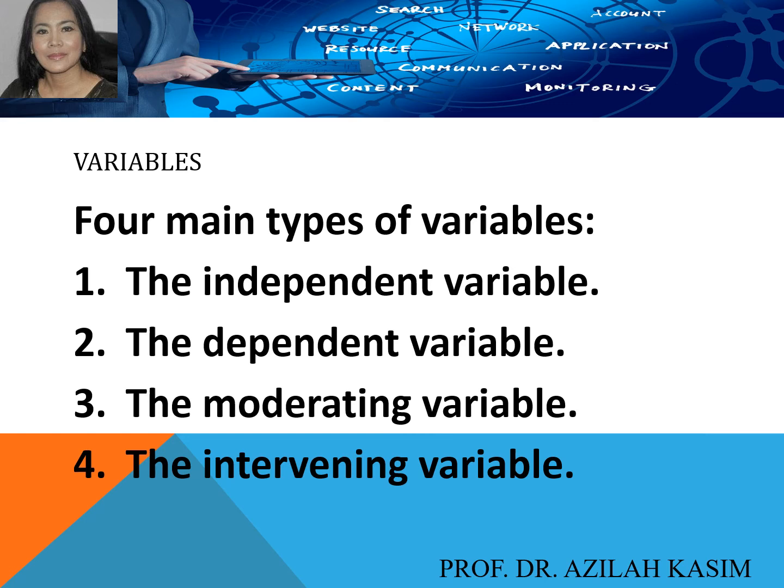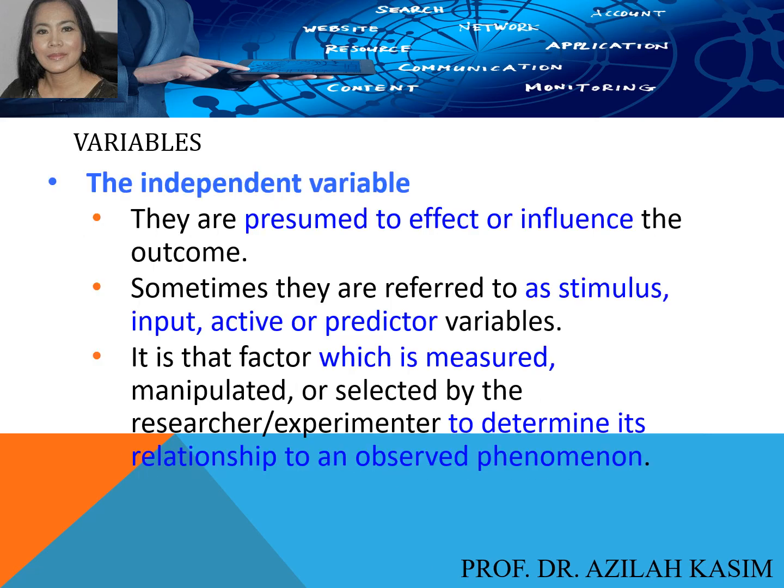I will explain this more in the next slides. Then we have the dependent variable, which is anything that will be affected by the independent variable. Then the moderating variable, which is in the middle of the relationship between the independent and dependent variable, or the intervening variable, which is also in the middle of the relationship between the independent and dependent variable. I will explain further here.